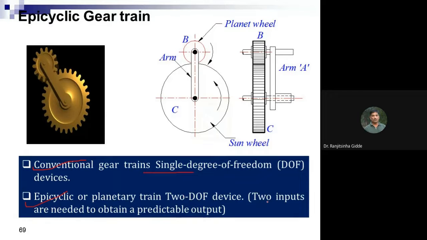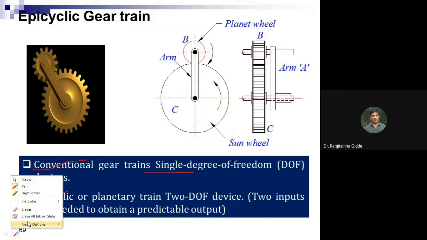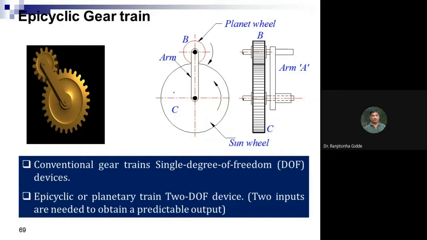So two inputs are needed to obtain a predictable output. So what is the meaning of this? Here, if we have a fixed arm, that is the first condition, and if we rotate gear B by 5 revolutions, then what is the revolution of gear C?